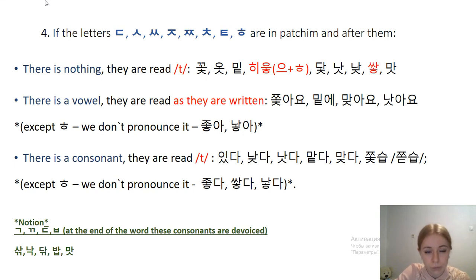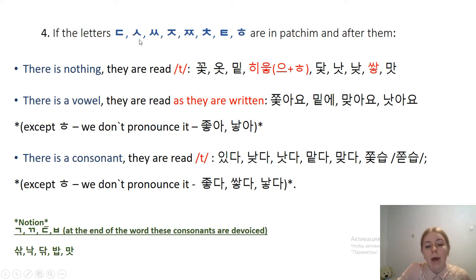Because of this rule. There is an s in Patchim and after that there is nothing. So it's the end of a syllable. In this case we read it like t. So we have 꽃. We see that this ch letter, but we read it like t.